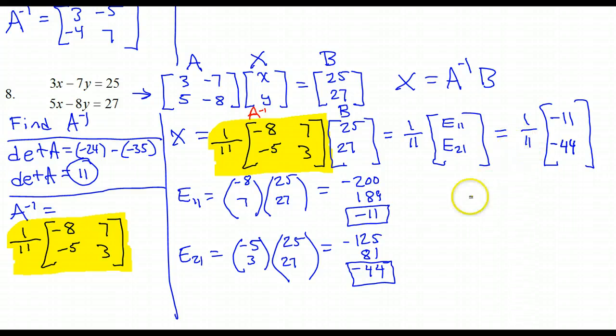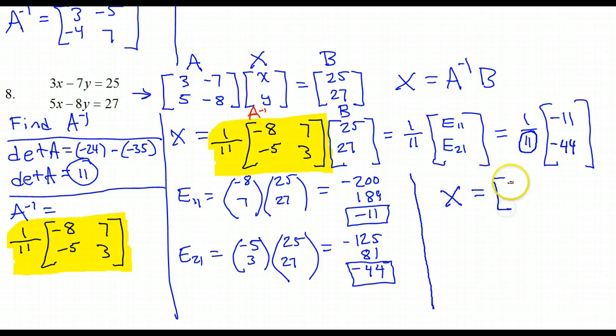Now, don't forget to do this last little step right here. Basically, multiplying by 1 over 11, we're dividing by 11 is what's happening. So divide both of these by 11. If I do that, then I'm getting that matrix X is -1 and -4.